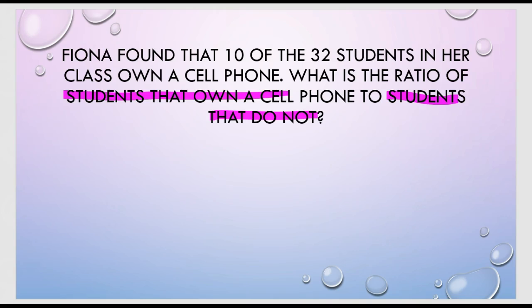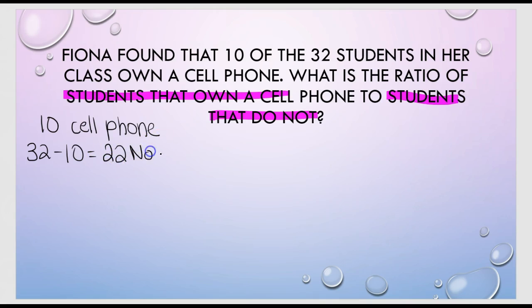So first of all, I need to figure out. So we know that there are 10 students who have a cell phone. If we have a total of 32 students, we do 32 minus 10 equals 22, and these are no cell phone students.